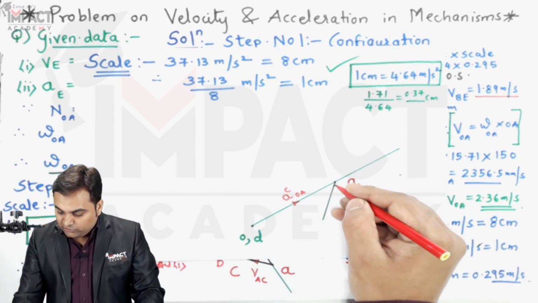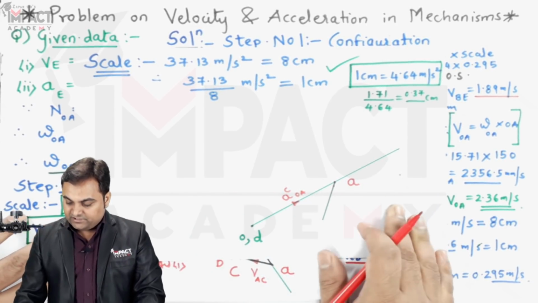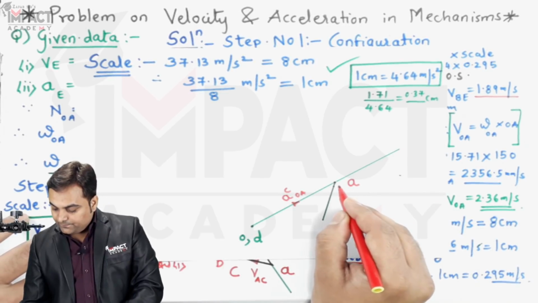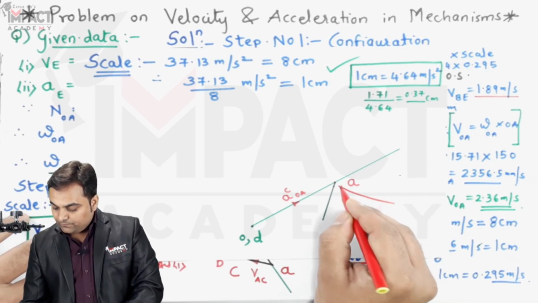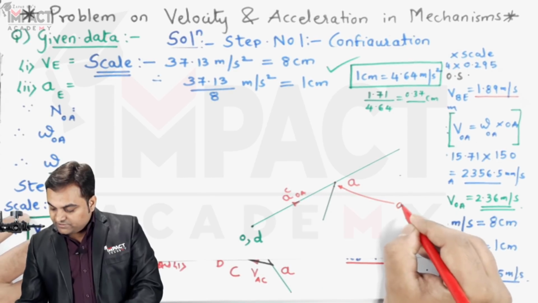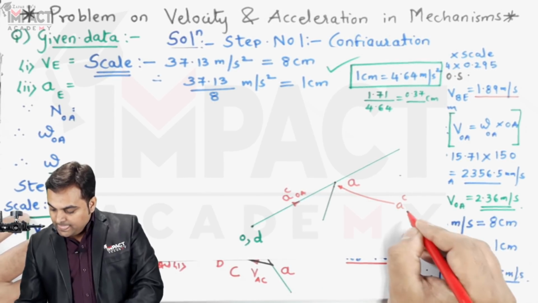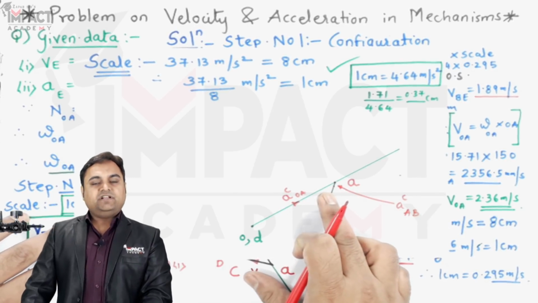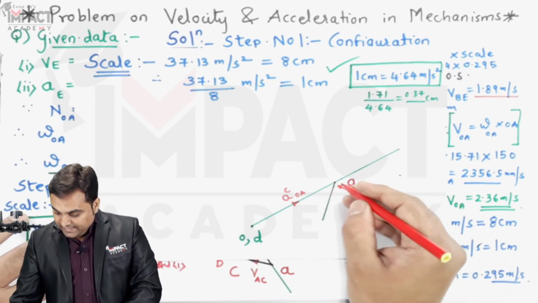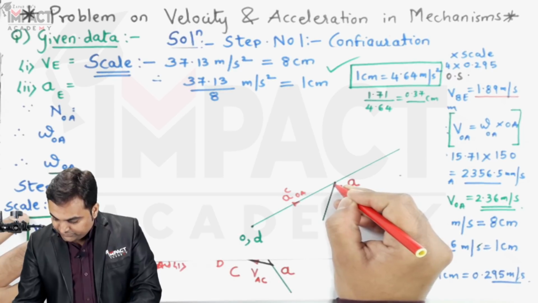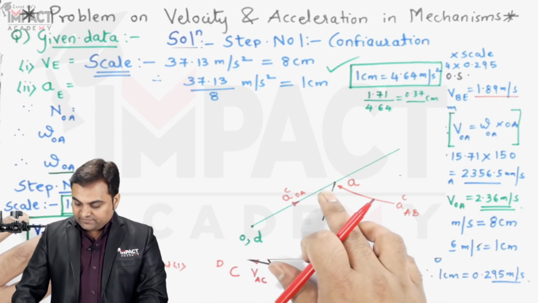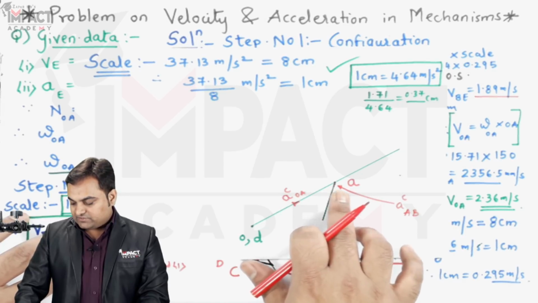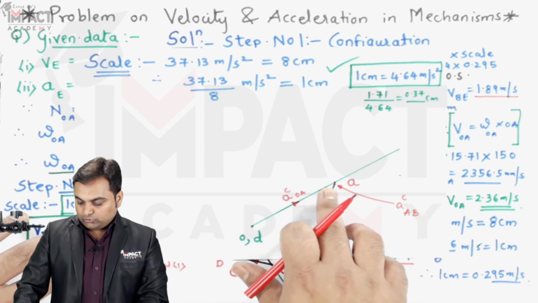Now this small line indicates the centripetal acceleration for link AB. I'll just show it here with the help of an arrow. It shows the centripetal acceleration for link AB. Then its tangential acceleration would be perpendicular, and since the direction is pointing downwards, it can go towards this side as well or onto the other side.